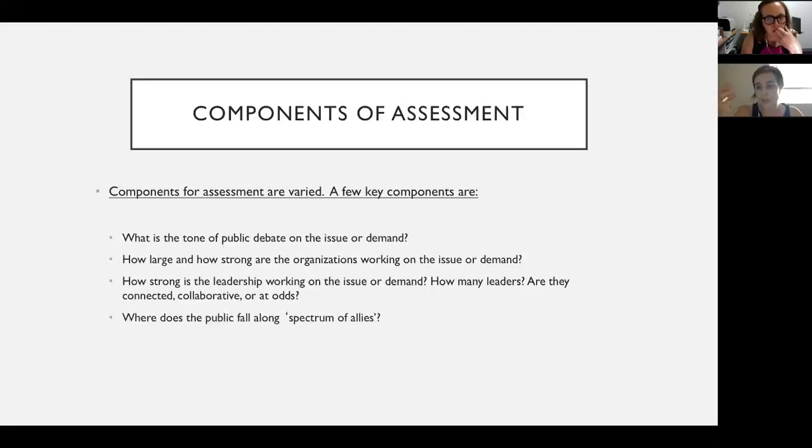The tone in the country in public debate around gay marriage was not quite as telling as what was happening in polls, which I'm not a big believer in, but I do think it's interesting when polls are done well and they go and ask people questions about issues of public debate. Even the right-wing media was calling it a loss for themselves around gay marriage a couple of years before the Supreme Court decisions were made.